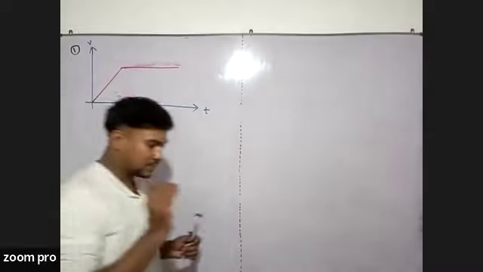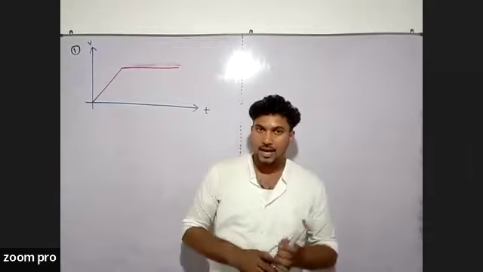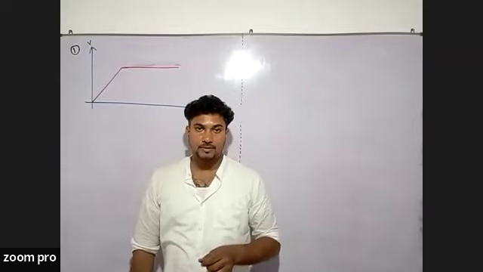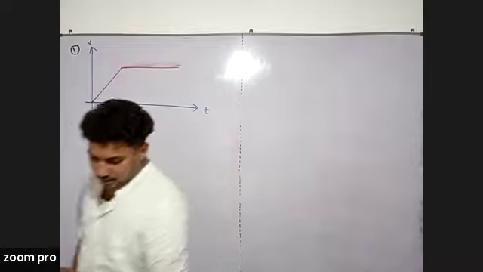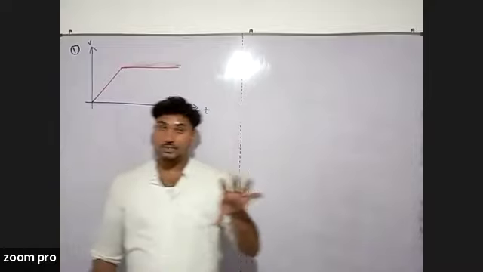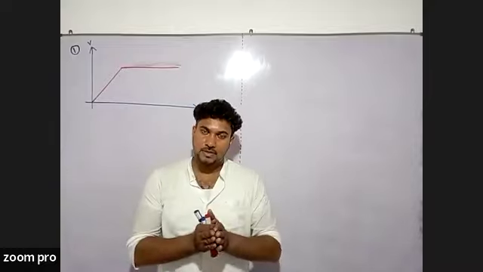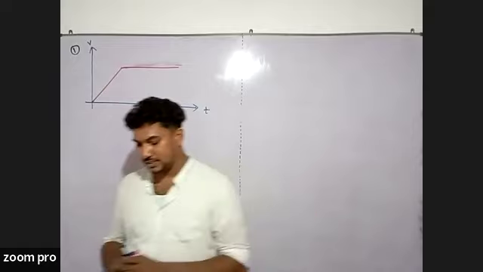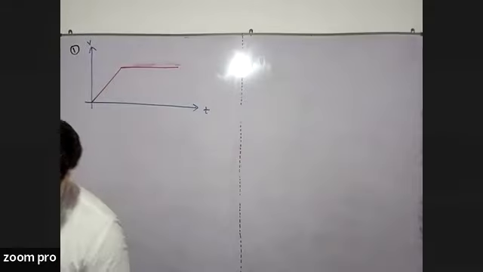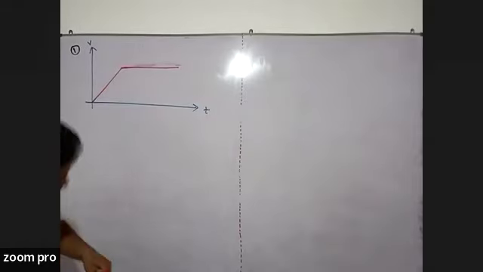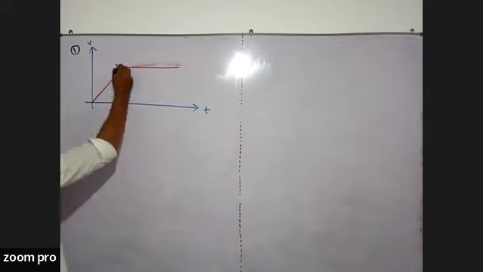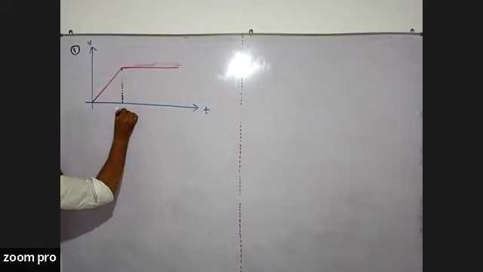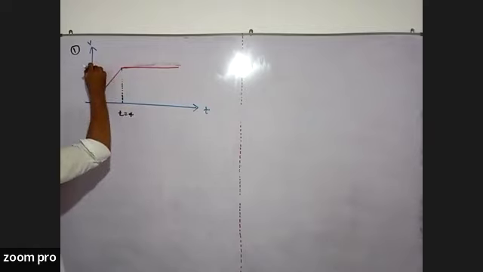So there's a player called A, and he is participating in the 100 meters event, right? That means you have to figure out that the distance traveled by A is equal to 100 meters. Initially, up to 4 seconds, this man is moving with acceleration.